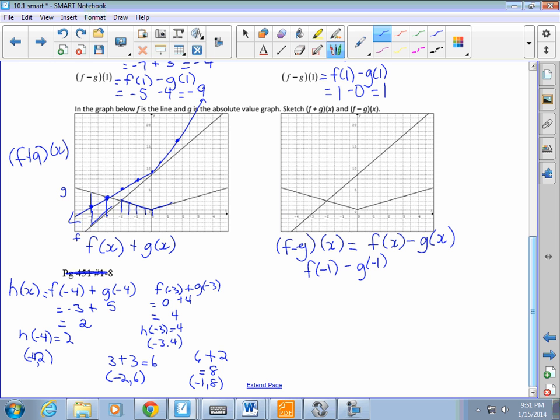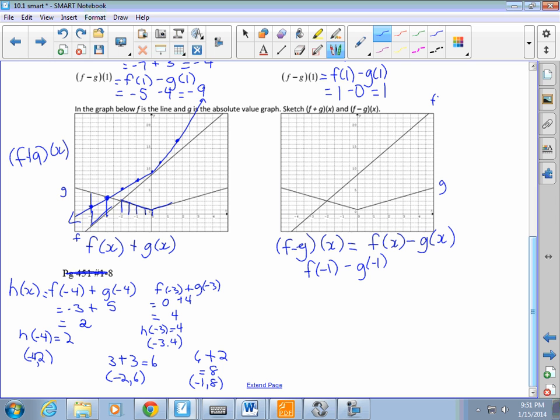So at -1, where am I here? This again is the f graph, this is the g graph. At -1, where's my f value? My y value is at 1, 2, 3, 4, 5, 6. No, I guess it's 5.